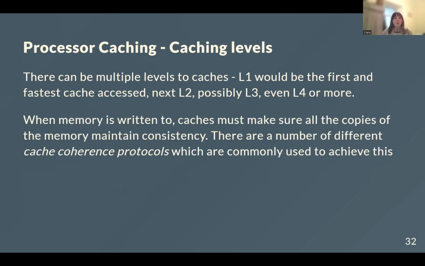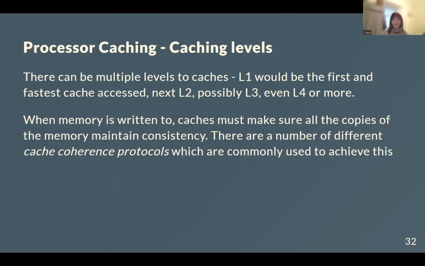As mentioned, there can be multiple levels to your cache. So L1 would be the first cache, the fastest one that gets accessed, then L2, possibly L3, could even be an L4 cache. And when memory is written to, the caches need to make sure that there's some kind of consistency between those caches that different processors have access to.